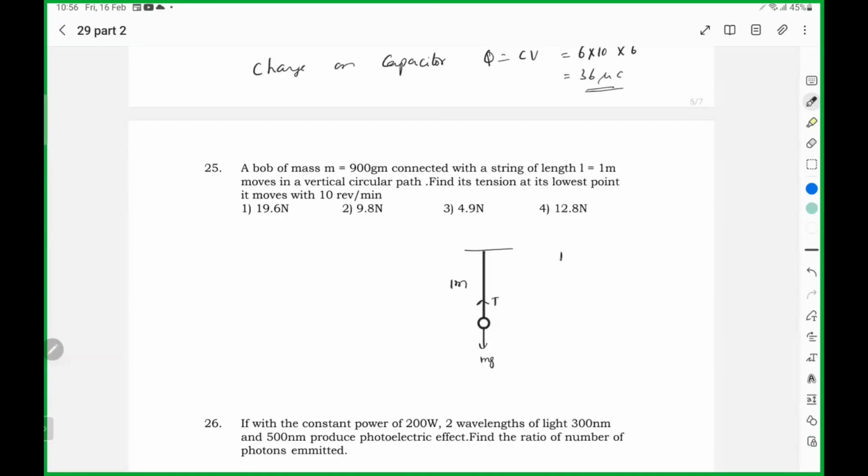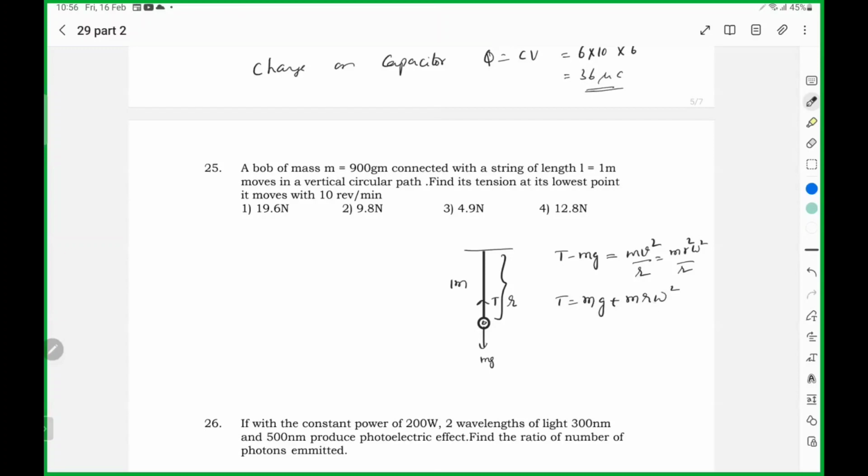Once it is moving in a circular path, net force is nothing but centripetal force. With this radius it moves. v is r omega. So tension at this lowest point, mg plus m r omega square.